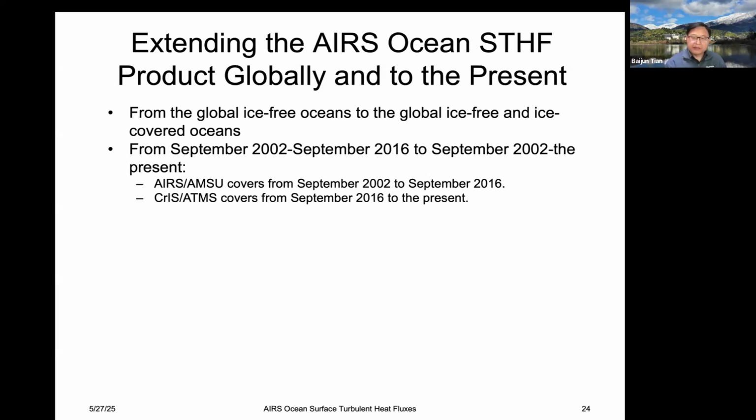Also, AIRS does not have ice-free ocean coverage only, we can have global ice-covered oceans with some data sets, extending the ocean surface flux from the ice-free ocean to the global ice-covered oceans. I think that's a benefit of the data set.